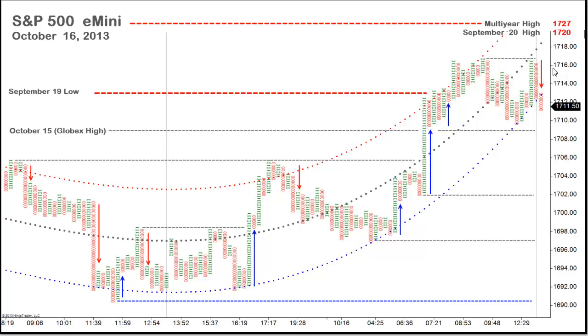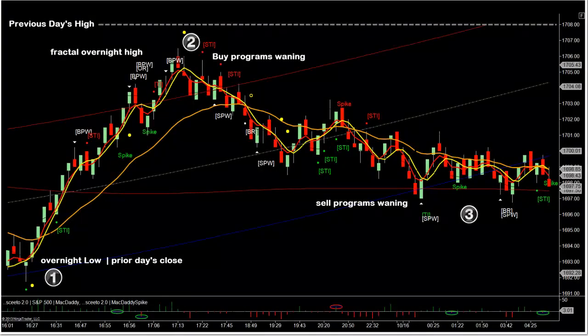The next known resistance level above today's settlement is located up at the September 20th high at 1720. Above the 1720 high is the multi-year high at 1727. For a detailed look at today's market developments, we'll turn our attention to the 5-tick range chart.